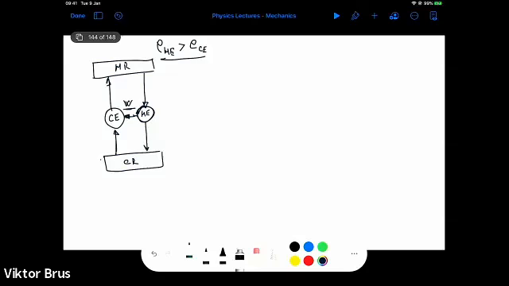So it means that if we supply all the work done by the heat engine to the Carnot engine, it will continuously take energy from the cold reservoir and transfer it to the high temperature reservoir.